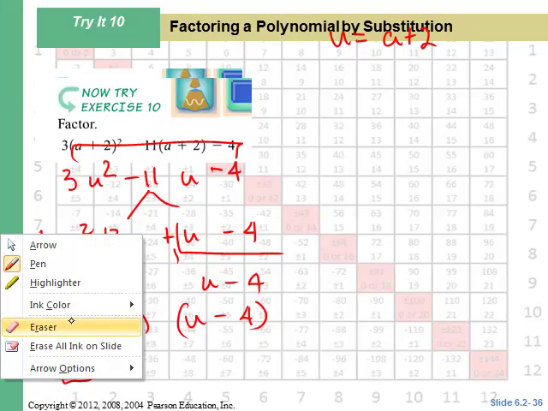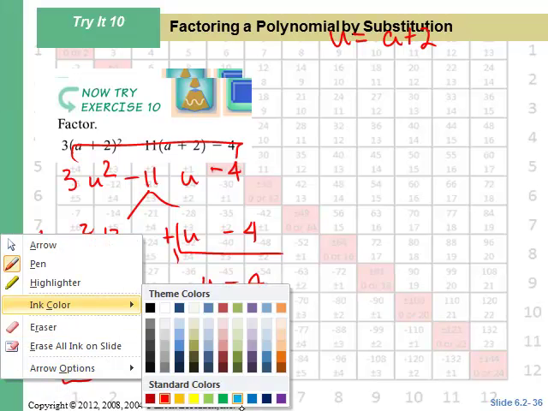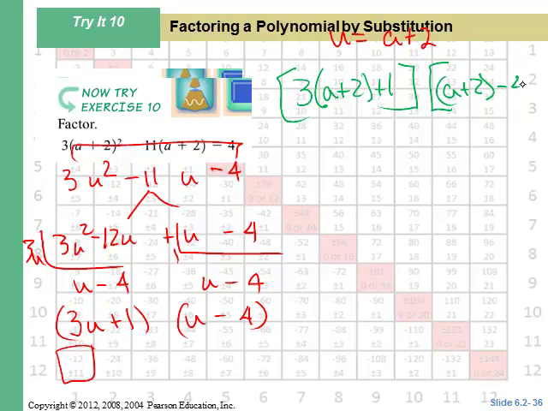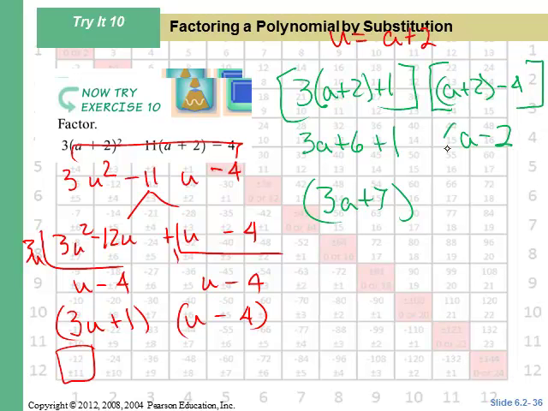But we have to remember that u is a plus 2, so 3 times a plus 2 plus 1 is one factor, and a plus 2 minus 4 is the other factor. So this is 3a plus 6 plus 1 is 3a plus 7. This is a minus 2. Those are our factored forms.